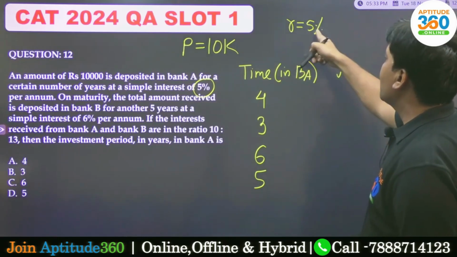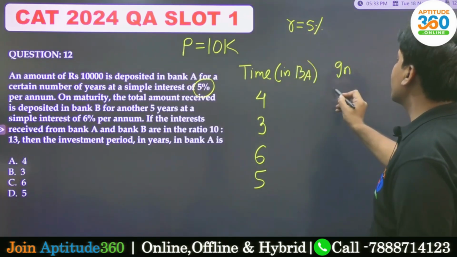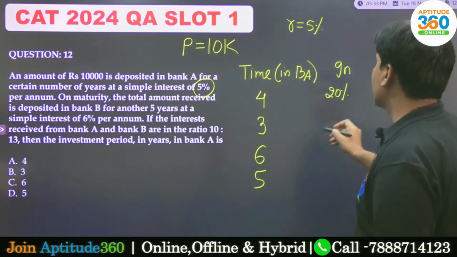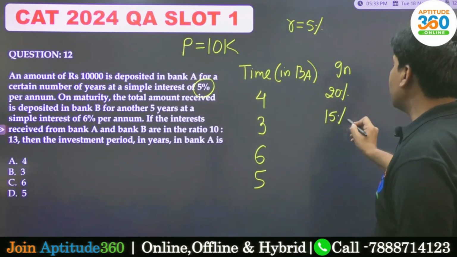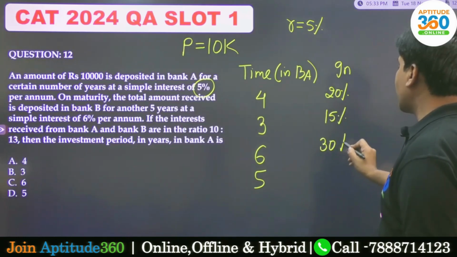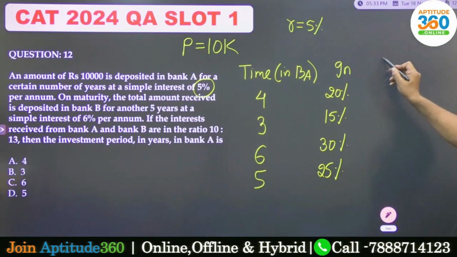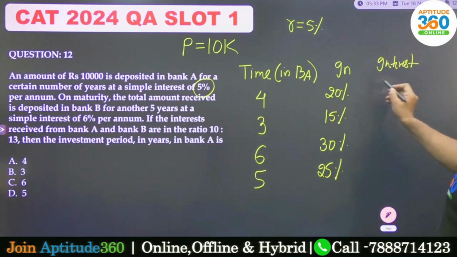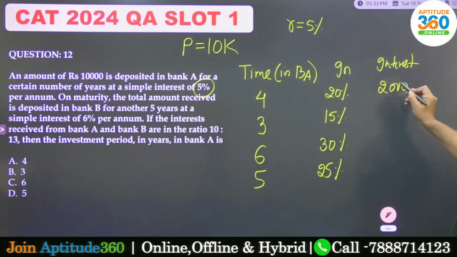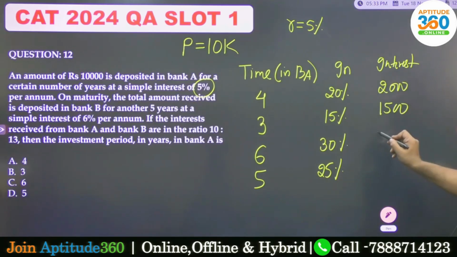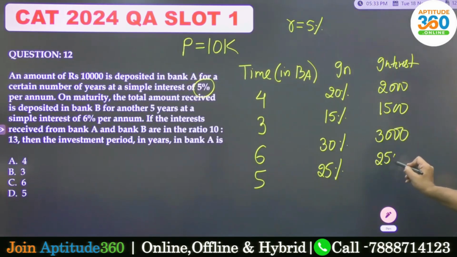So 5% per annum for 4 years, it will become 20%. 20% of what value? 10,000. And over here it will become 15% and then 30% and then 25%, right? So interest in amount will be 2,000 here, and then over here it will be 1,500 and then 3,000 and then 2,500.